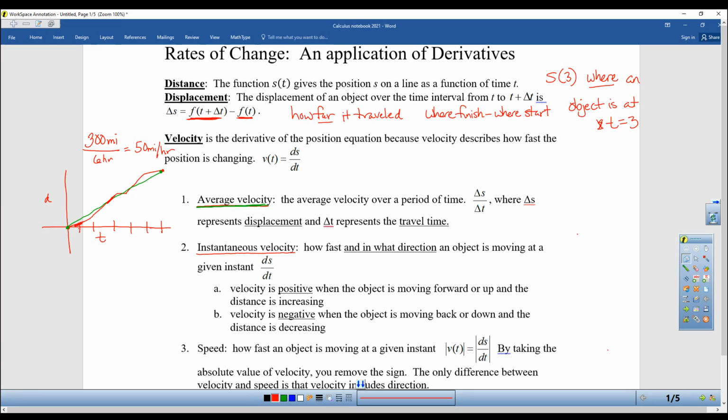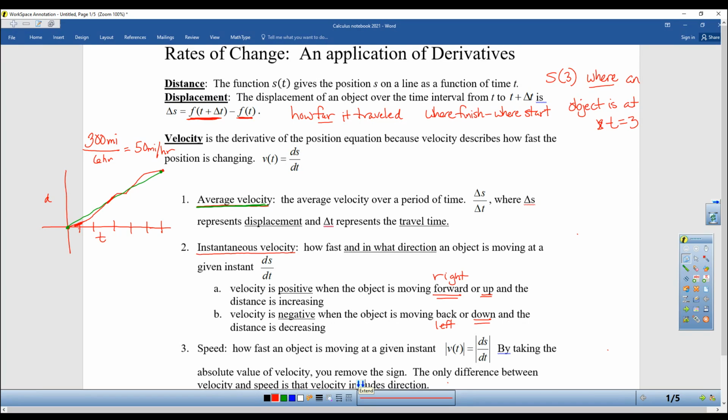Velocity does have a sign. It's positive when an object is moving up or forward, which we're going to say is to the right. And if an object is moving back, which we usually interpret as left, or down, then we say the velocity is negative.